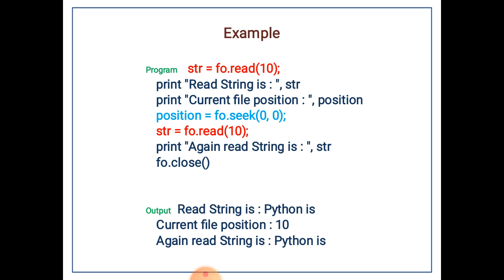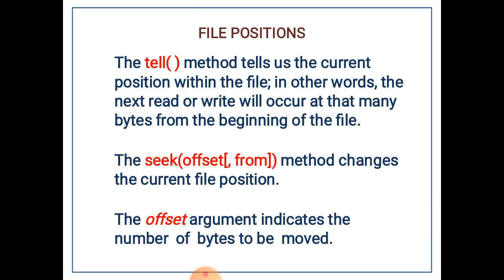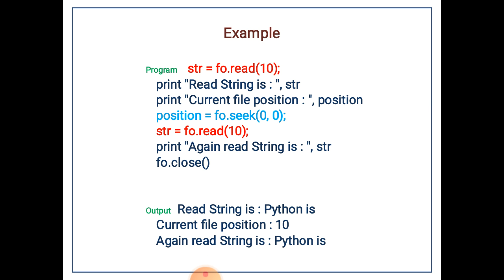Then fo.seek(0, 0). The first 0 is the offset and the next 0 is from.